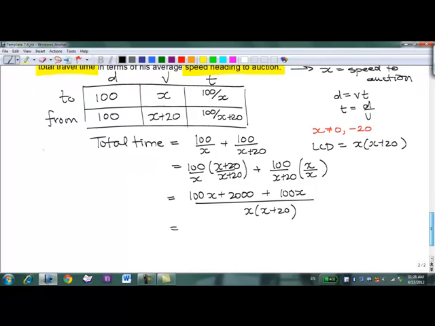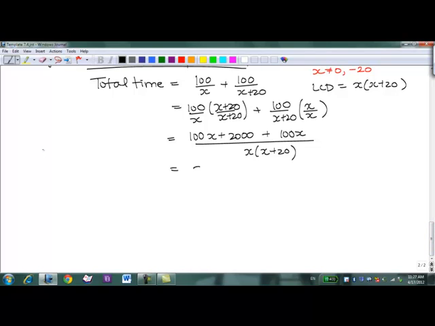And what we end up with is a total travel time of 200x plus 2000 over x plus 20. So it's really dependent on how fast he was going. So that is total time.